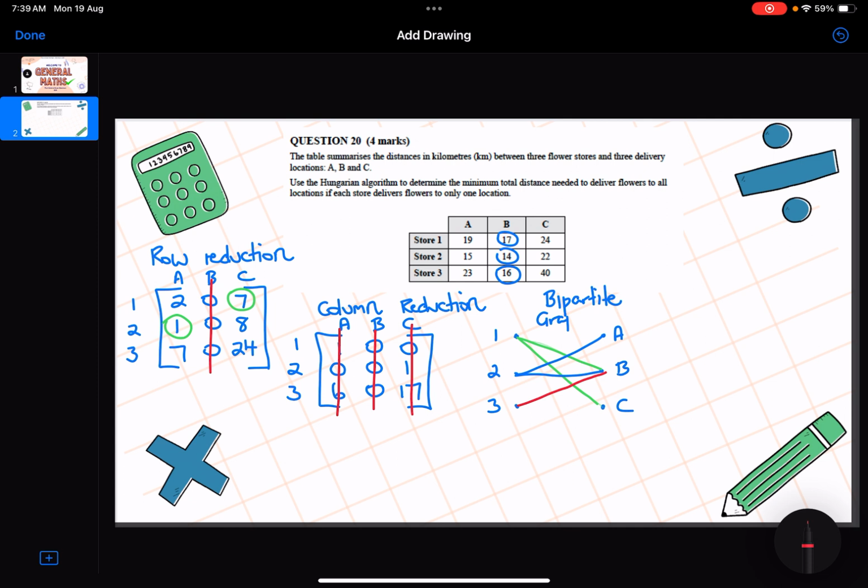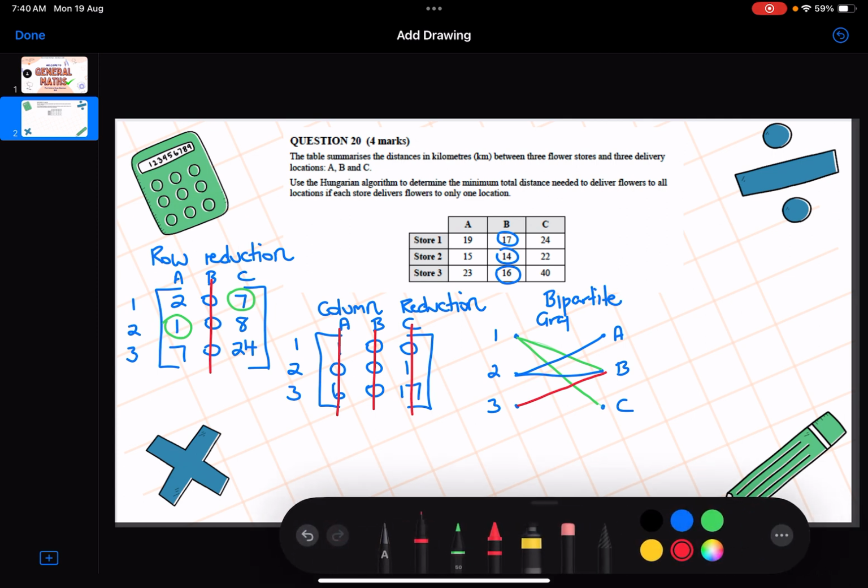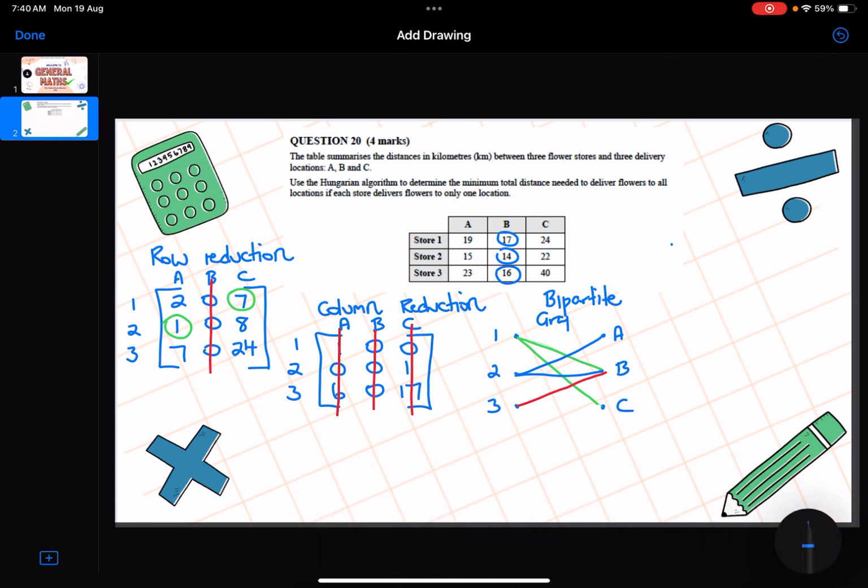So the next thing that we need to do is our minimum total distance. In order to do that, we need to do our allocations. So at the moment, we've got store 1.